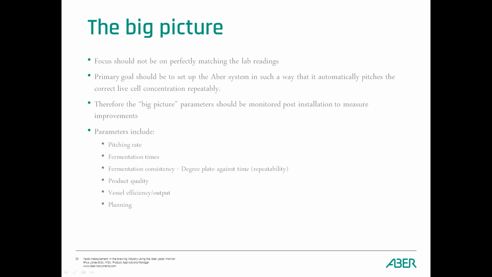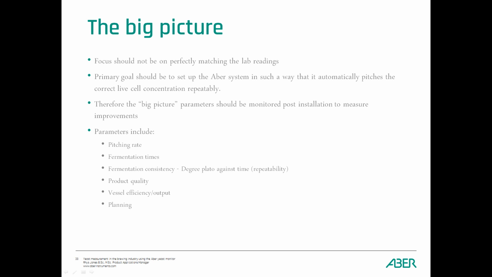Occasionally we can get bogged down in adjusting the CPM factor to the nth degree to reduce the percentage error. But there will always be a minor difference between these two measurements, as the ABBA monitor is measuring a different property of the cells than the offline counts, capacitance versus dye exclusion. And the lab readings are also intrinsically prone to compounded errors through serial dilutions, individual interpretation, and so on.